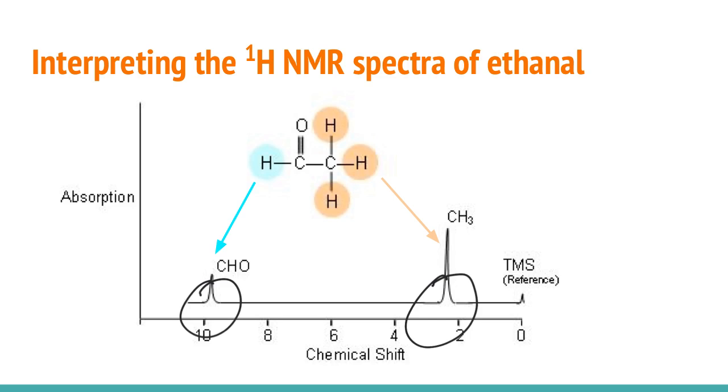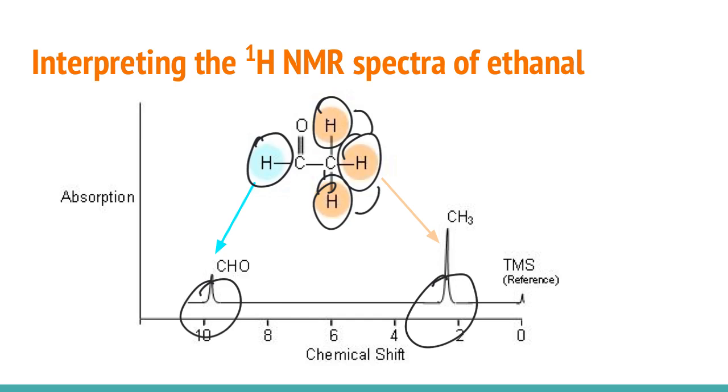When we talk about chemical environments, we talk about where the protons are in the molecule and what else they are connected to. The one proton connected to the aldehyde group, you would say that's in one chemical environment. Whereas the other 3 protons are all connected to a carbon that's part of a methyl group, which is connected to the aldehyde. So these 3 are all in the same chemical environment, which is why we see 2 peaks in this spectra.